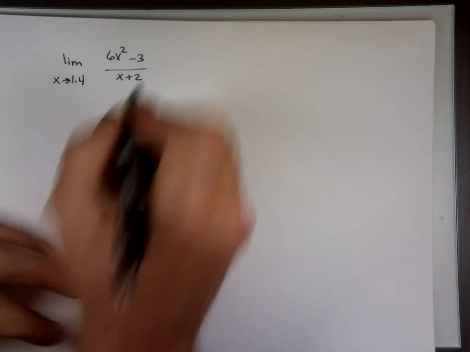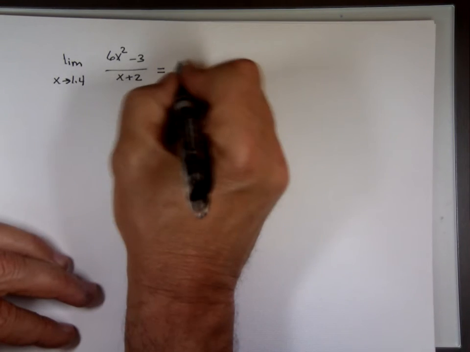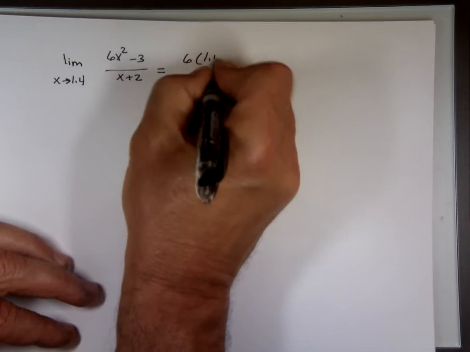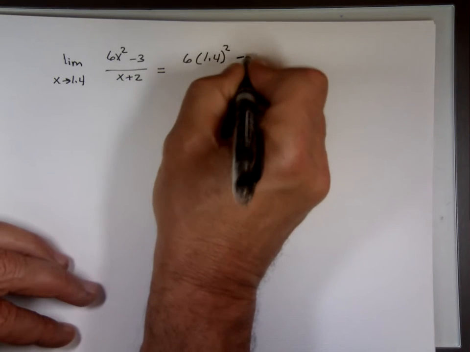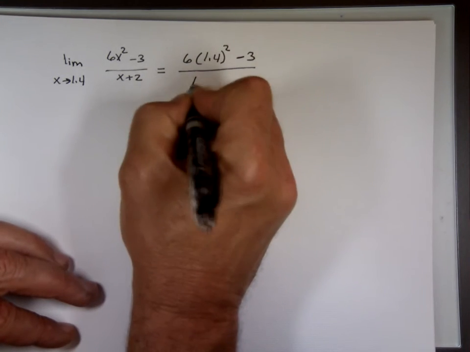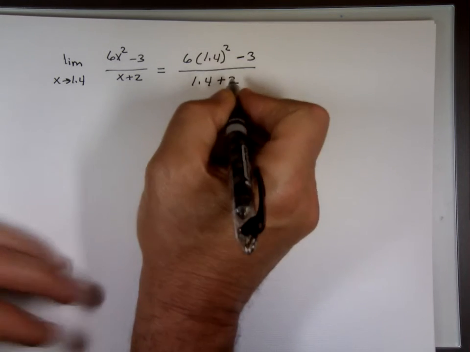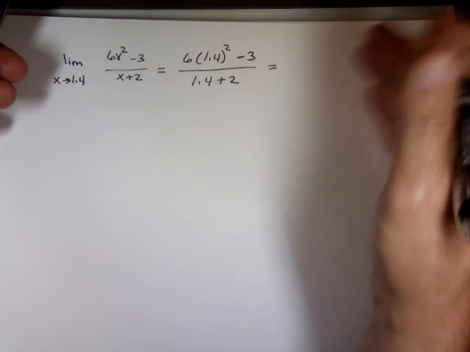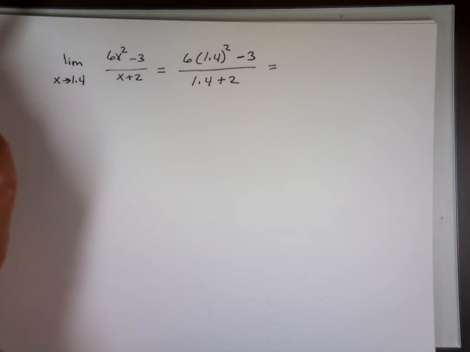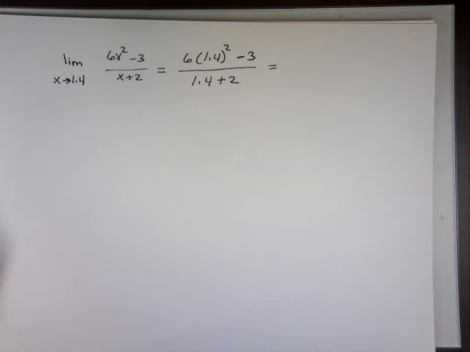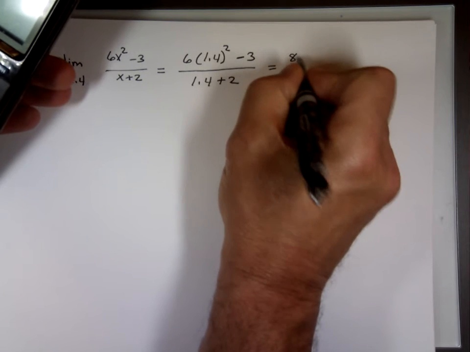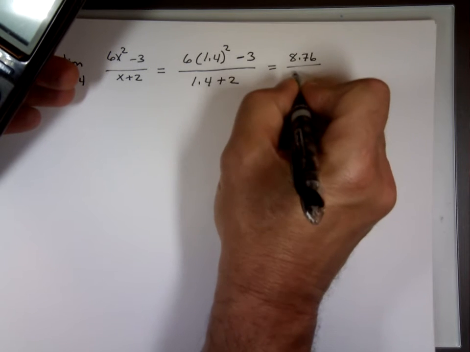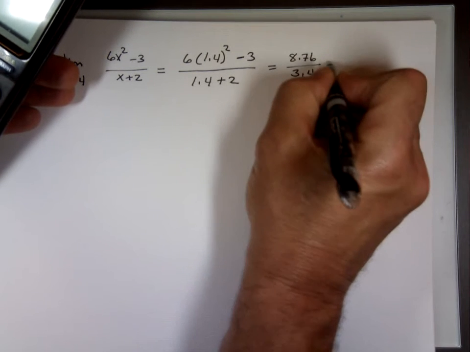Try direct substitution first. 6 times 1.4 squared minus 3 over 1.4 plus 2. If that gives you a number, that's your answer. You can try the table, we'll give you the same answer. 6 times 1.4 squared minus the 3. The top is 8.76. The bottom is what? 3.4. Divide them.